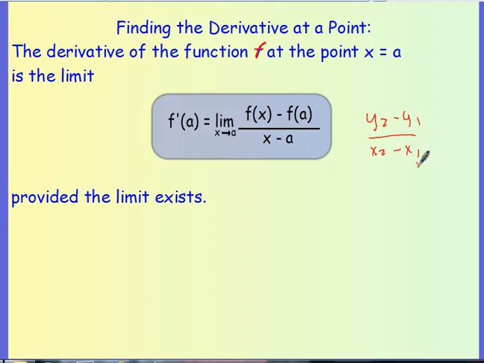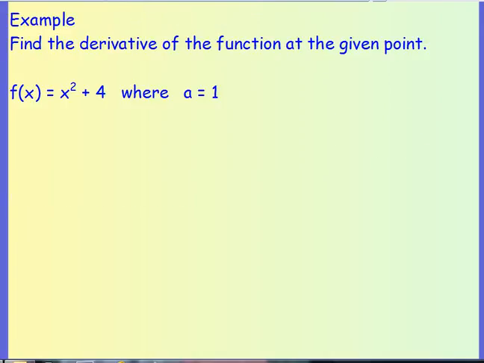Okay? So, let's try it. Find the derivative of the function at this given point. So here's my function: f of x equals x squared plus 4, where a is equal to 1. So let me write my rule here.